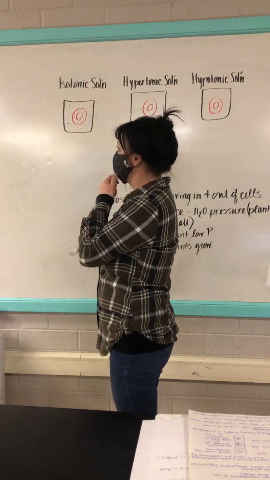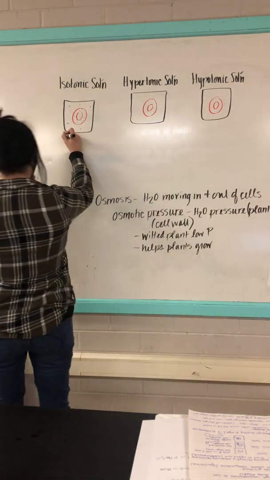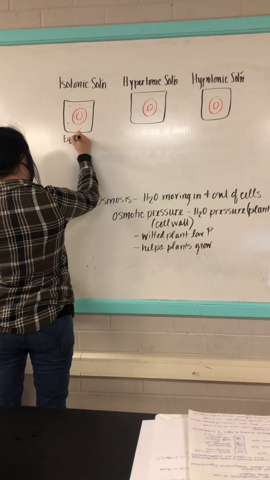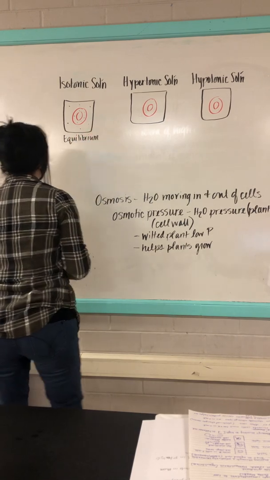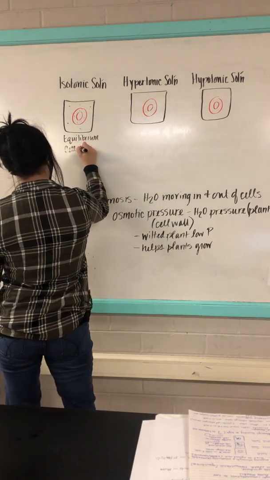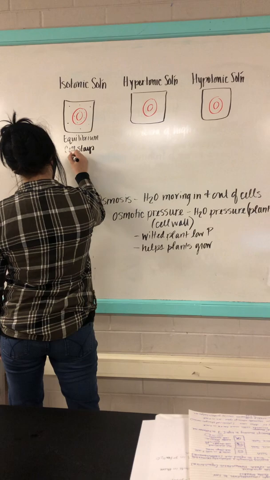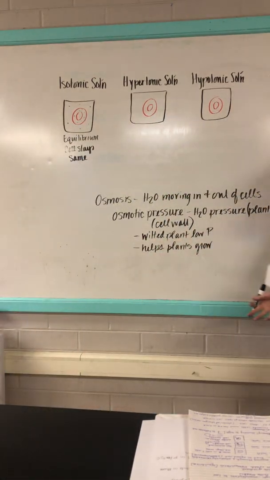We have 6 molecules inside the water, so it is balanced. It's already at equilibrium. So the cell will stay the same. Nothing's going to happen in that cell. No water's going to be moving in or out of it.